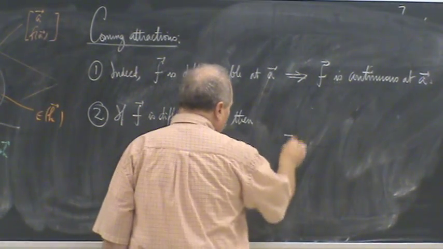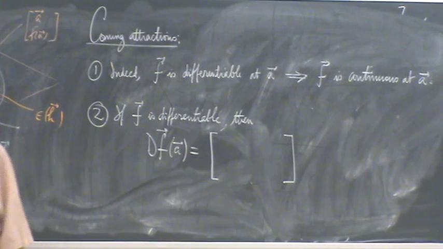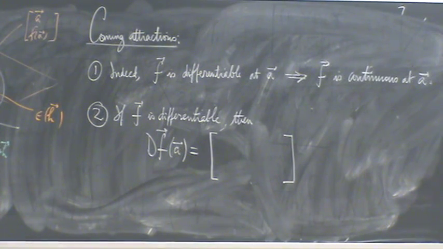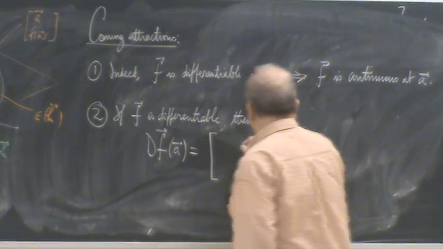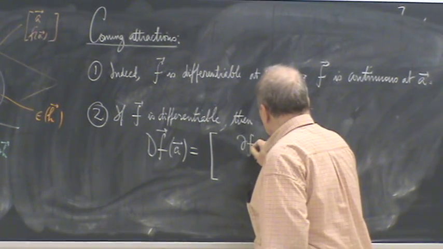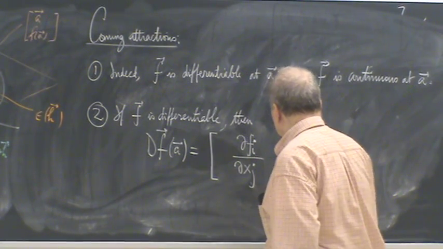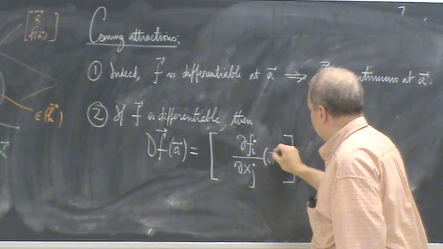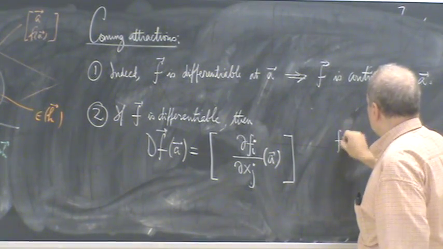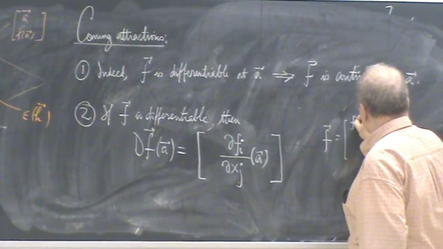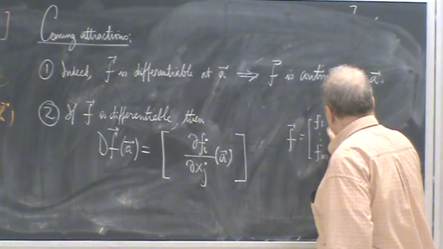And this is why I've been making you write everything with column vectors, because otherwise at this point everybody gets hopelessly confused. You're going to take the partials of the ith component of f with respect to the jth variable at A. So f here is going to be the function whose components are f1 to fm.